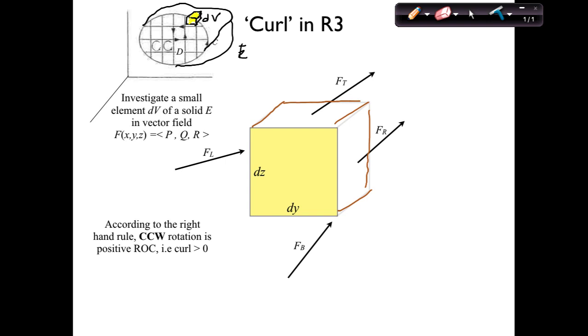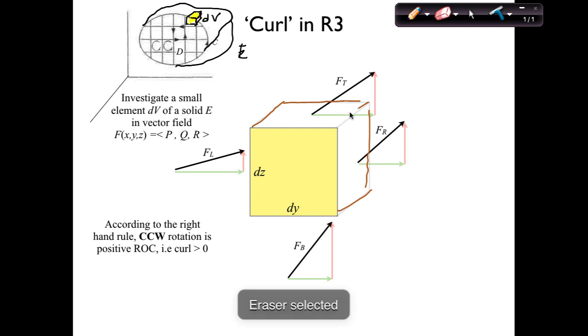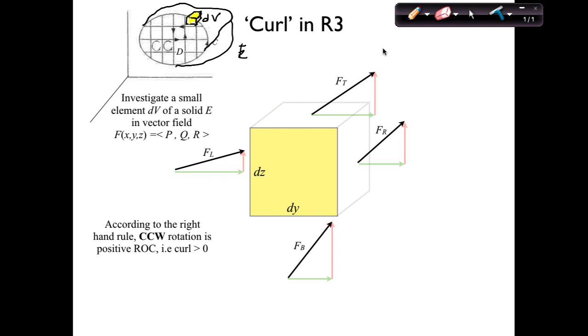Okay, so our vector field is PQR. Can you kind of see the faint lines now that I've drawn them? I still imagine that's a little dV. All right, so here are the four vectors we're interested in.